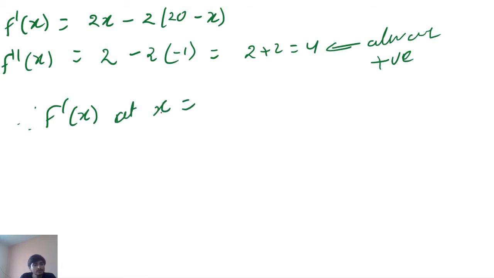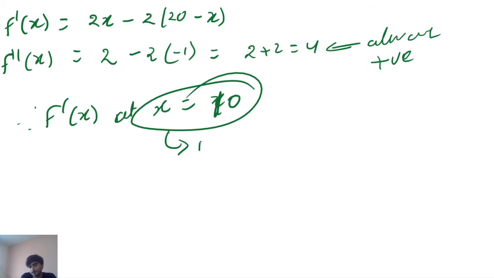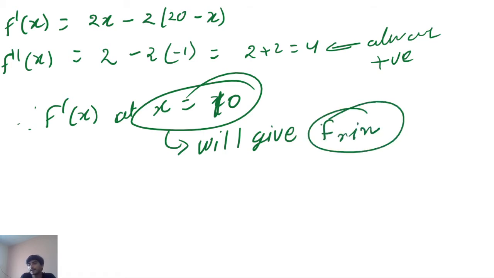Hence, at x equal to 10, which is what we got, it will give the minimum value of the function of x at x equal to 10.